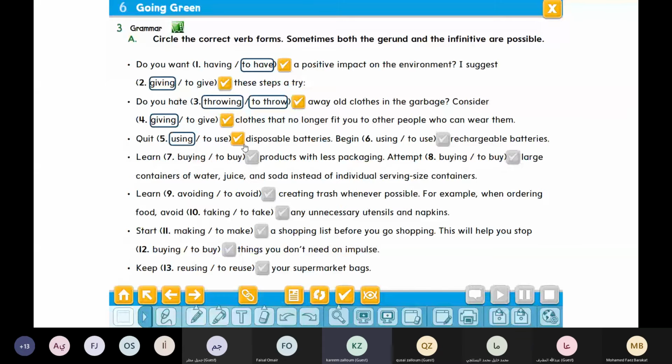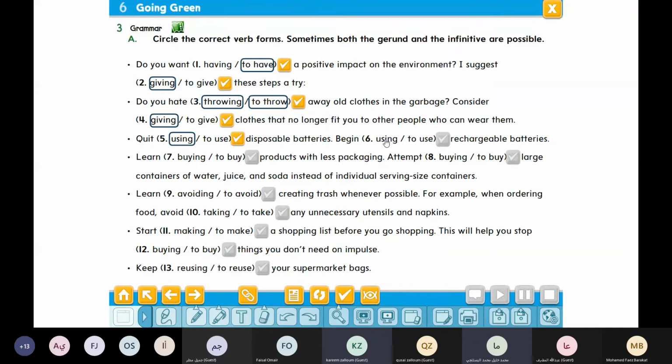Begin. I think, teacher, begin using also. Begin using or to use. Both of them are correct. Yes, it is mentioned in both the gerund and infinitive lists.